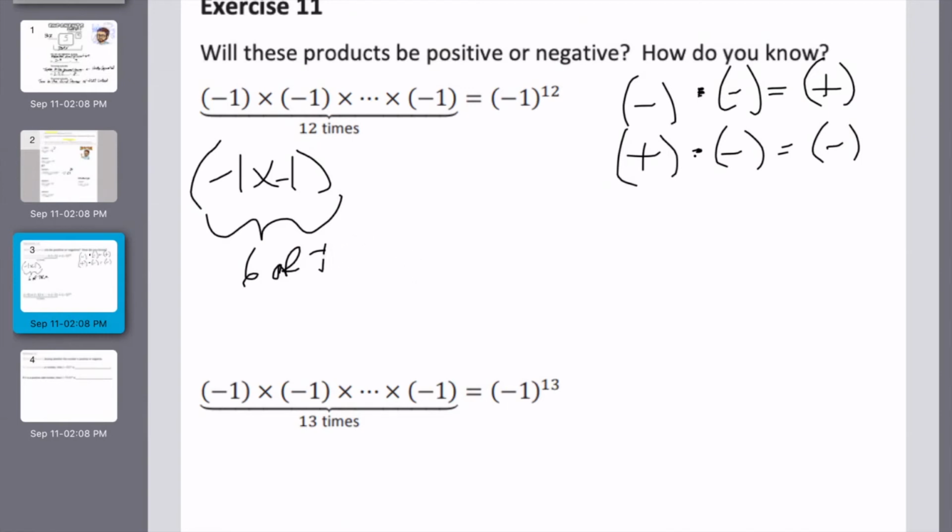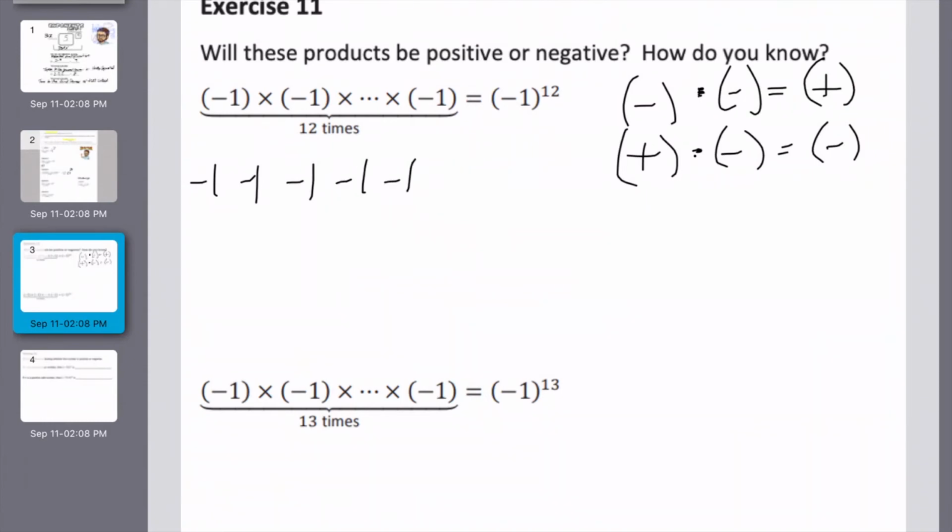Sorry, let's change some of that. 6 of these products. So let's just do this 12 times actually. 1, 2, 3, 4, 5, 6, 7, 8, 9, 10, 11, 12. Throw some X's in here.